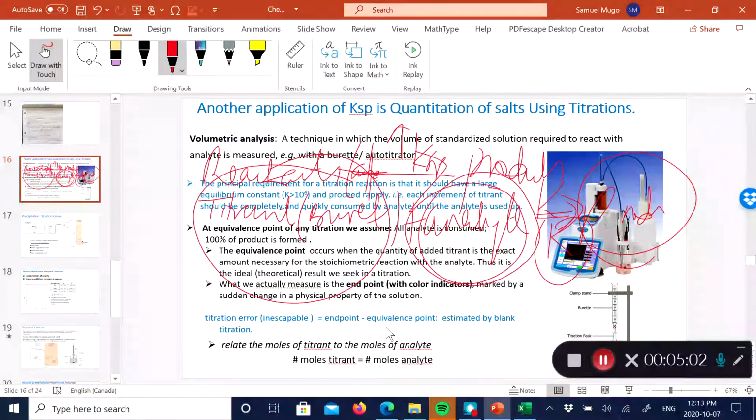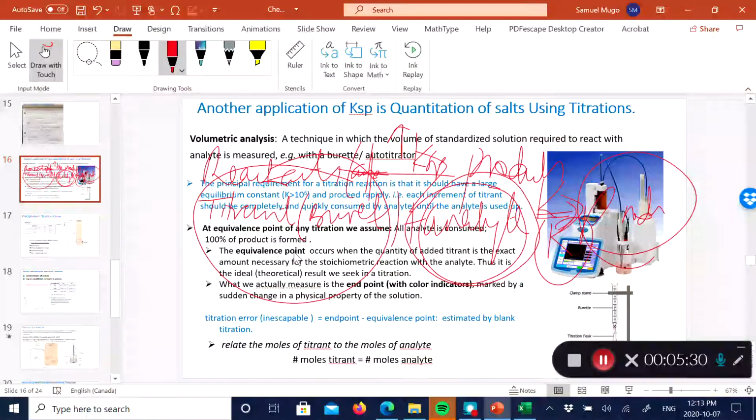minus the equivalence point, which is the theoretical point at which you've added enough titrant. That is referred to as the titration error. Having said that, you can escape the titration error if you use potentiometry or instrumentation as another way of detecting your equivalence point.